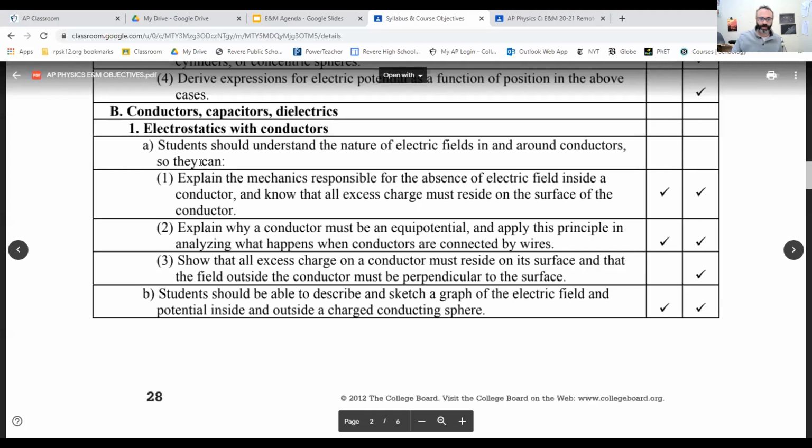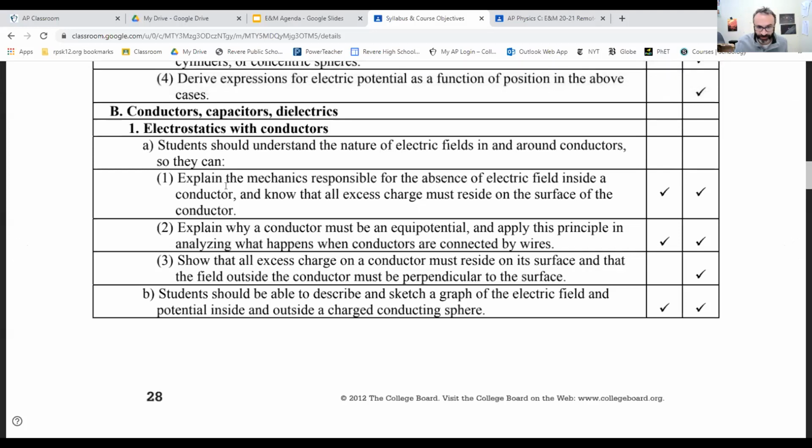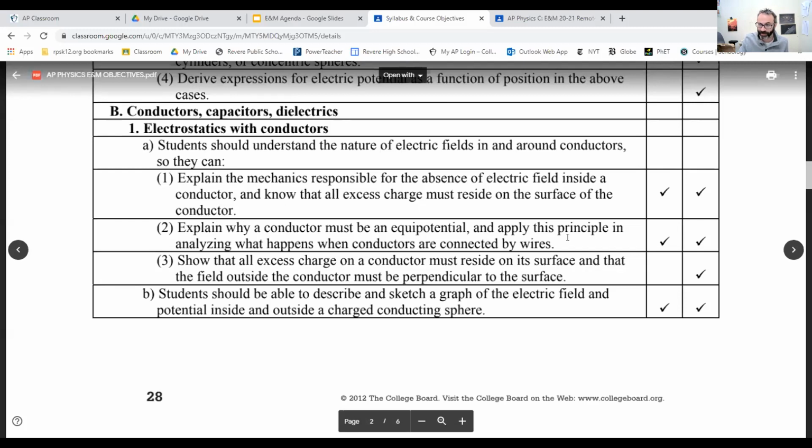All right, so we can explain the mechanics responsible for the absence of the electric field inside a conductor. That was just property 1. And know that the excess charge must reside on the surface of the conductor. That's just property 2. We can explain why a conductor must be an equipotential, which is property 4, and use this in analyzing what happens when conductors are connected by wires.